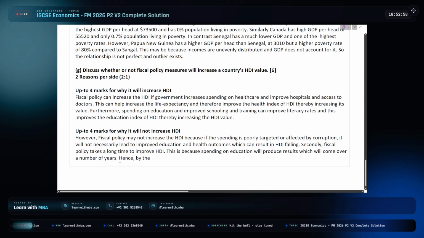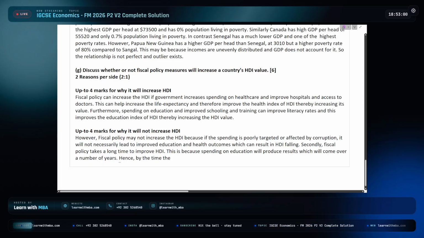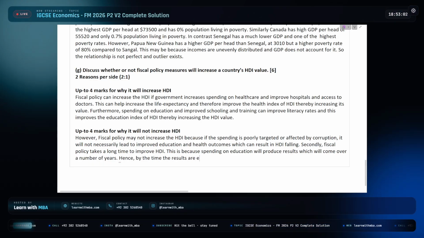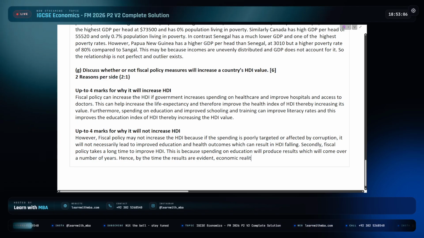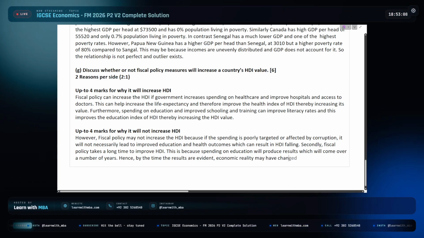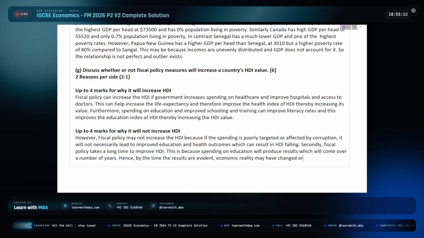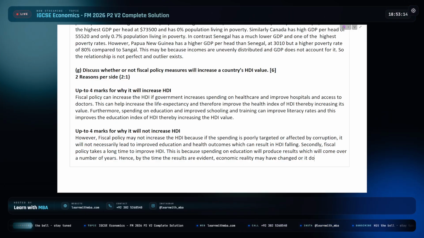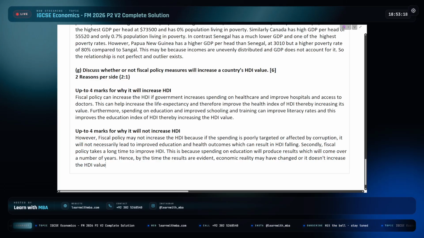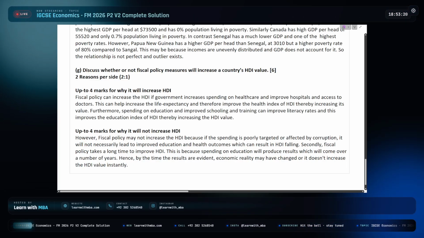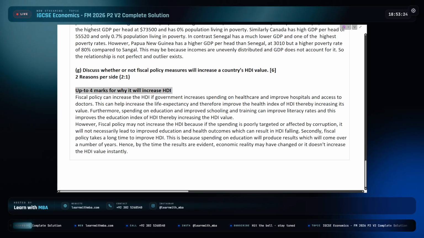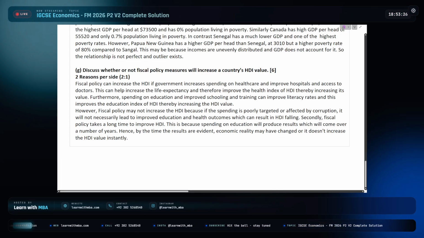Hence, by the time the results are evident, economic reality may have changed, or you can say it doesn't increase the HDI value instantly, right? So that's now the counter argument. And that is pretty much the answer for this question.